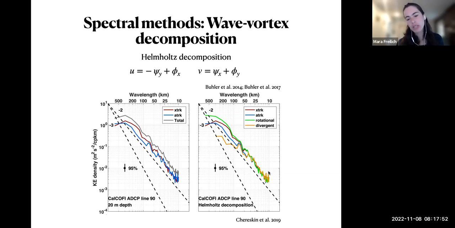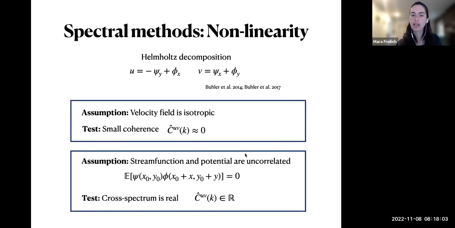But one of the issues is that wave motion is associated with the divergent velocity, or is that a sort of divergent submesoscale? And when I began to ask that question, I realized that one of the assumptions of this wave vortex decomposition is that the velocity potential and stream function are uncorrelated with each other, that there's no interaction between the rotational and divergent components of the flow field, at least in a mean statistical sense. And that really violates the assumption we have of how submesoscale dynamics work.